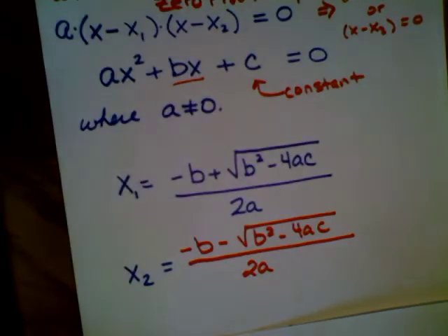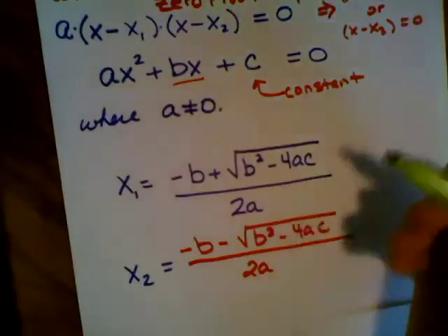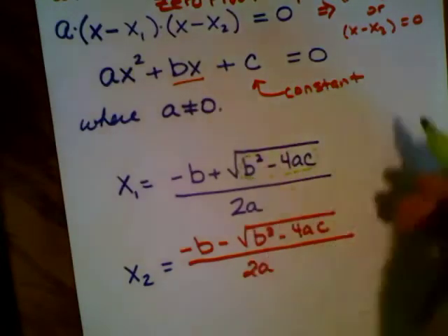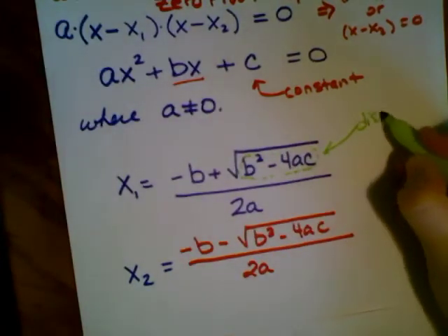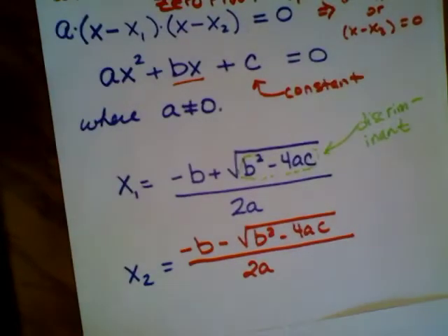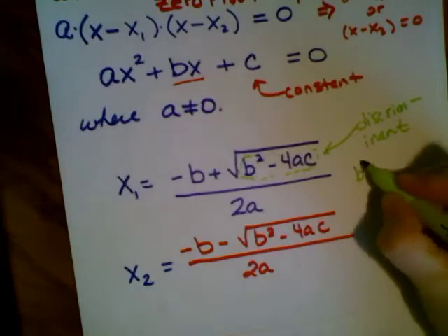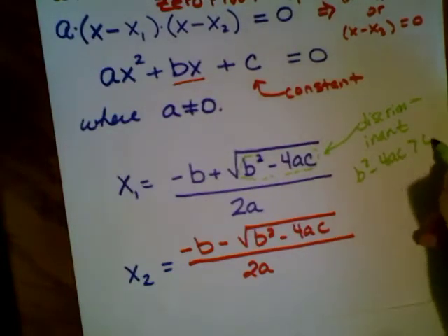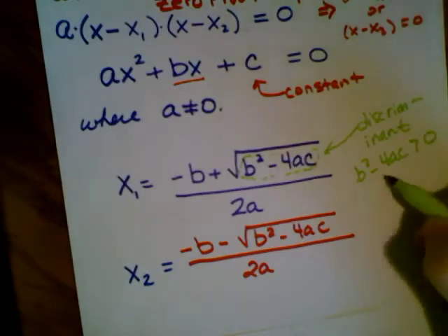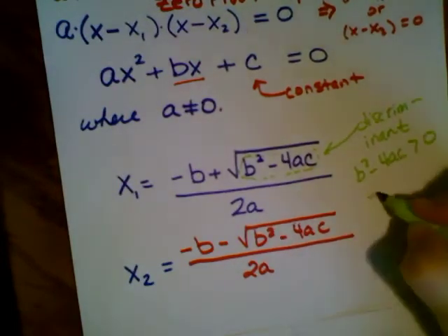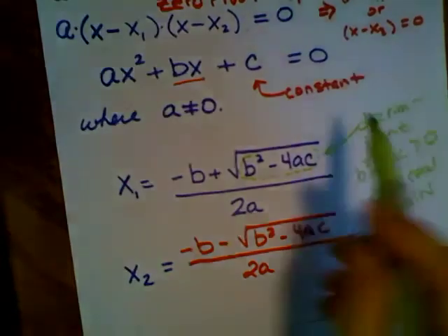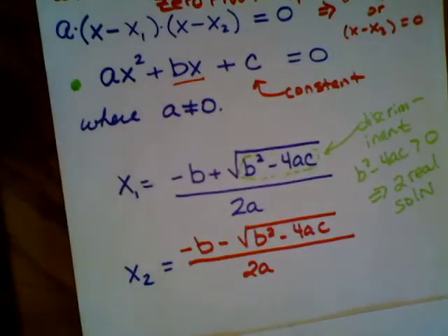Okay. And for notation later, let's remember there's a special name for this difference under the radical. It's called the discriminant. And I ran out of room to write that. But if the value of the discriminant is positive, then there will be two real solutions to the equation.